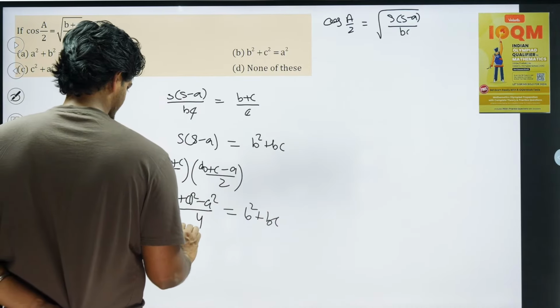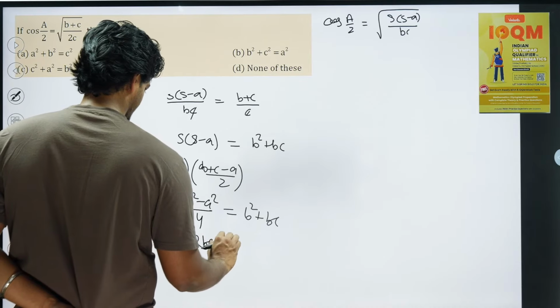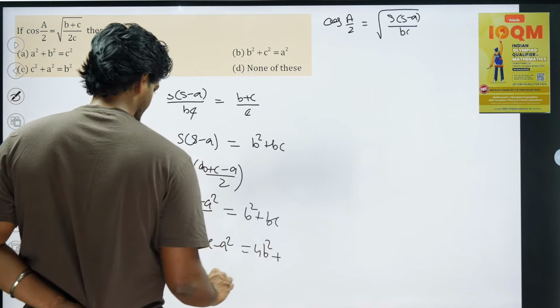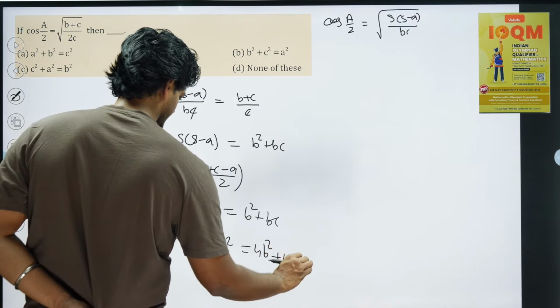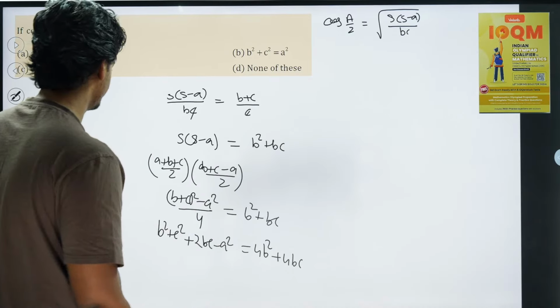So b square plus c square plus 2bc minus a square is equal to 4b square plus 4bc. So what do we have?